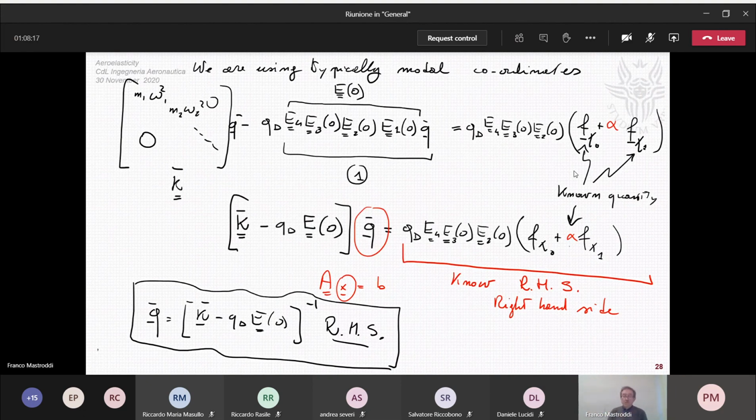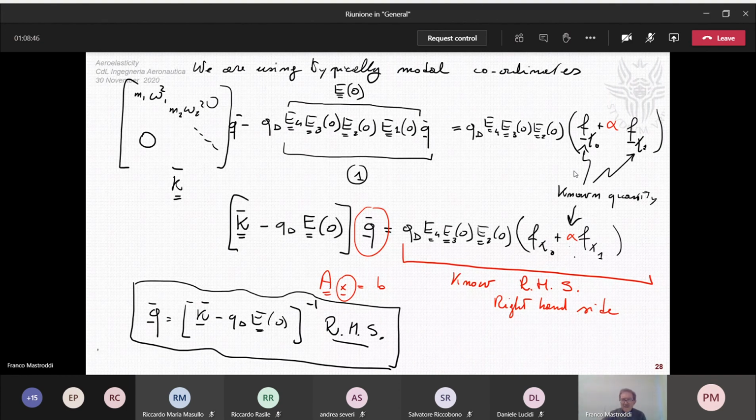Question for you. Why could I have a non-zero solution also in the case of zero angle of attack? In the case of zero angle of attack, this term is vanishing, but you have this term giving you a contribution in your right hand side. Is this possible?